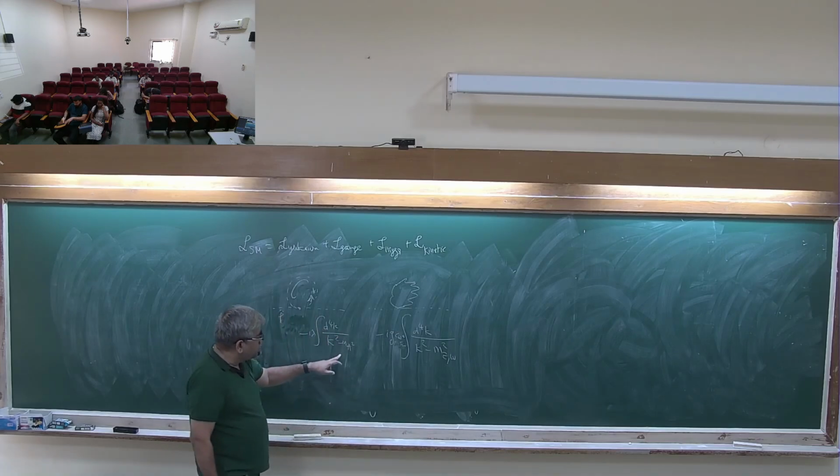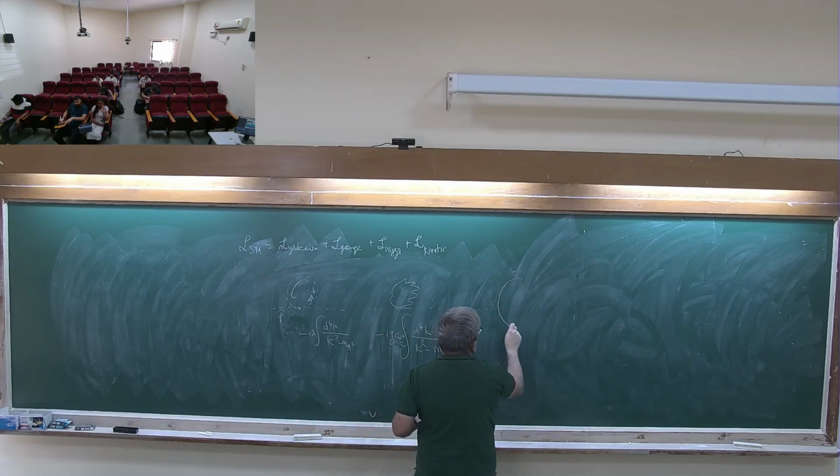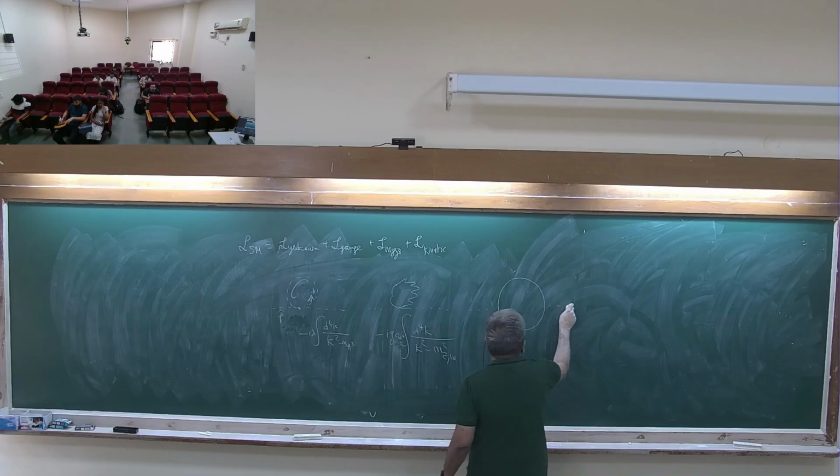Now see this loop. This is quadratically divergent because 4 on the top and 2 on the bottom. So 4 minus 2, just simple power counting tells you that this is quadratically divergent. In addition, then there is also the top loop.